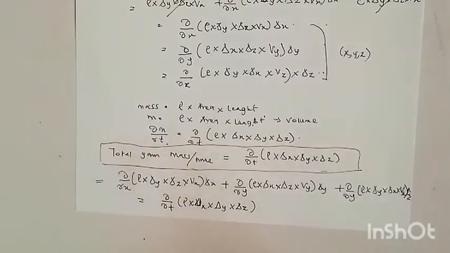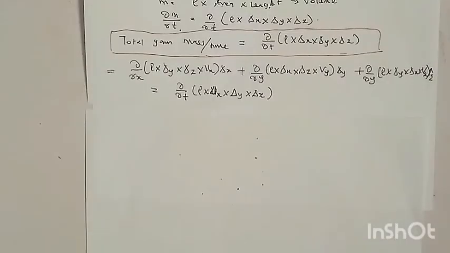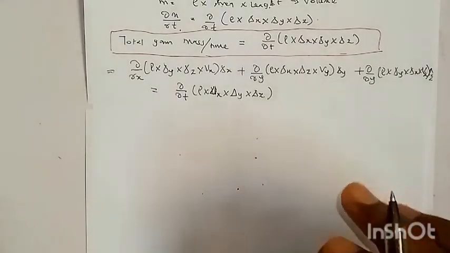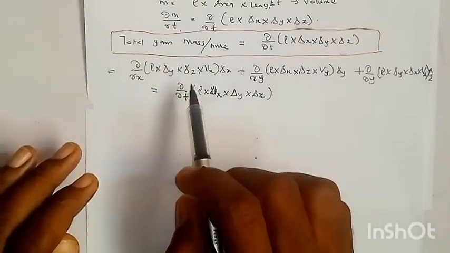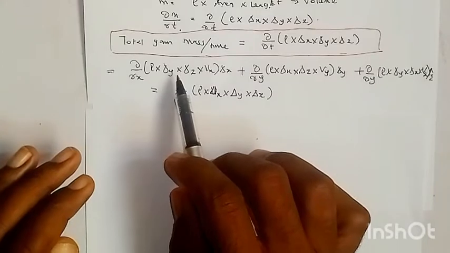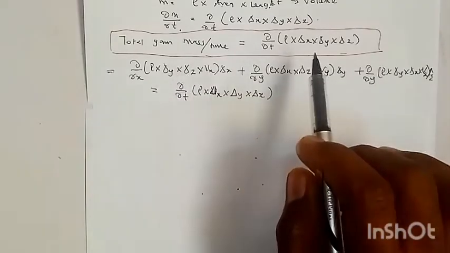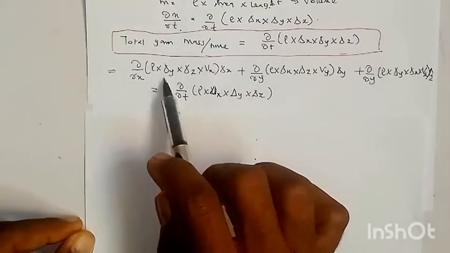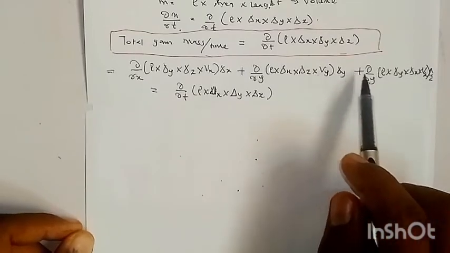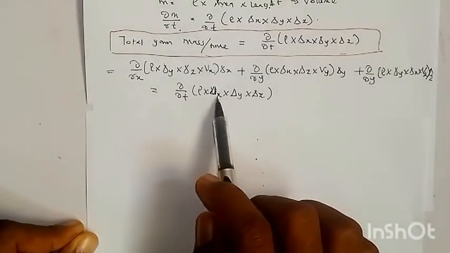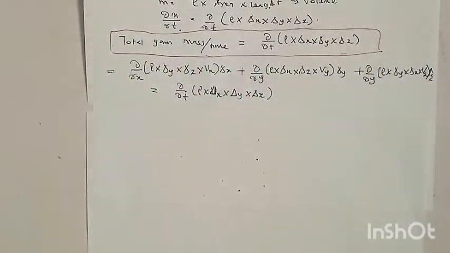So let's continue proving. Now I factor out. If you look at this particular equation, you see that the dimensions along those cuboid are actually in common. This is dx dy dz, this is dx dy dz, this is dx dy dz. So I factor out the volume.